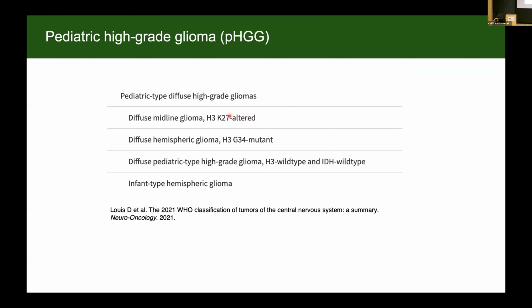We focus on the following three types of high-grade glioma based on the recent WHO classification: diffuse midline glioma with H3 K27 mutation, diffuse hemispheric glioma with H3 G34 mutation, and H3 wild type, IDH1 wild type high-grade glioma.